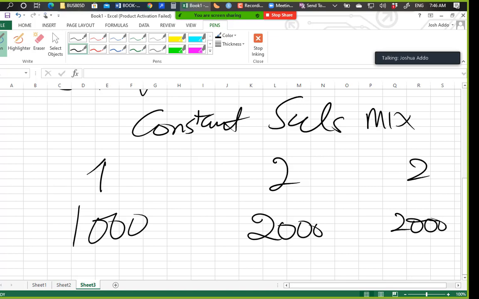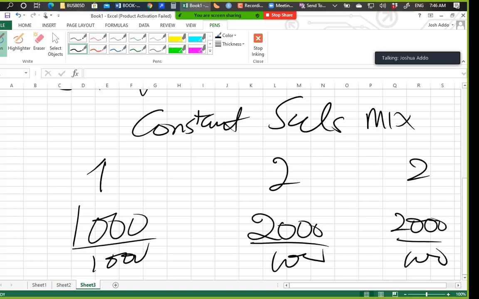If you divide each by 1,000, you will get 1, 2, 2. The ratio between their sales quantities is referred to as the sales mix, the constant sales mix. We normally pronounce it as 1:2:2. So this is the sales mix of the three products.